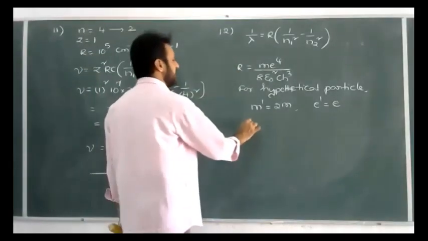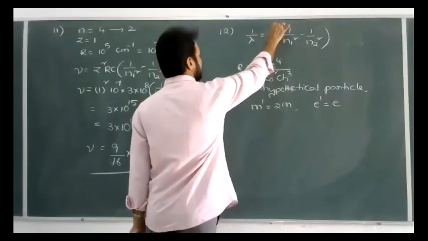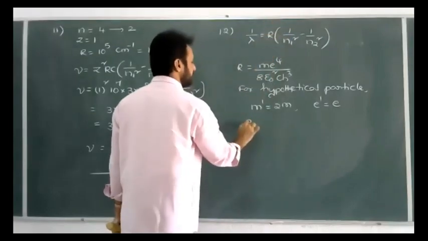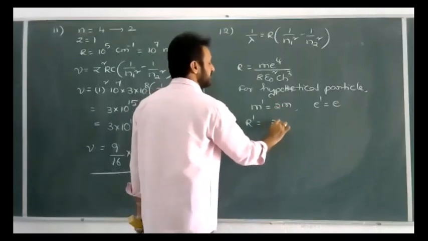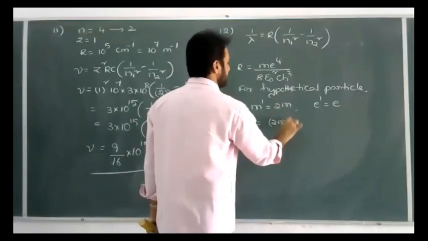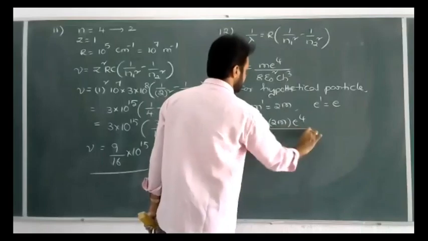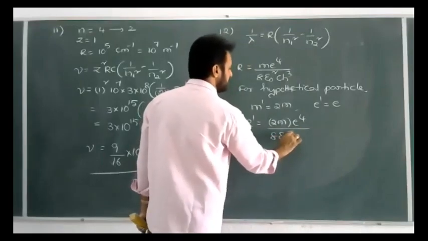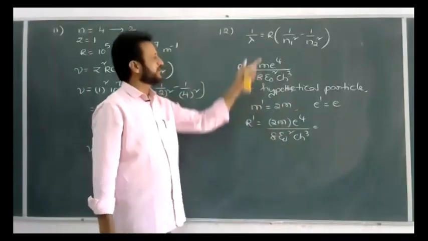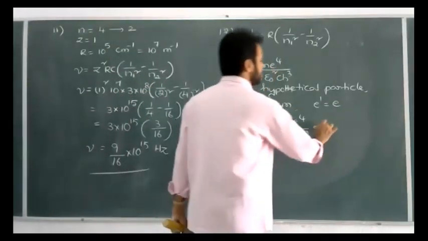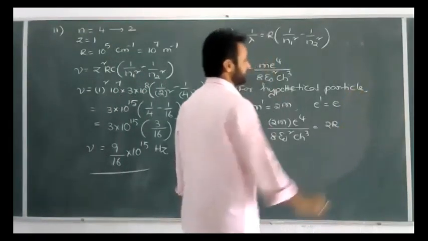So R dash for the hypothetical particle is equal to, in place of m, I'll write 2m, that is 2m into e to the power of 4 by 8 epsilon naught square into c h cube. Except for that, all the remaining terms are equal to R. Therefore it is nothing but equal to 2R.